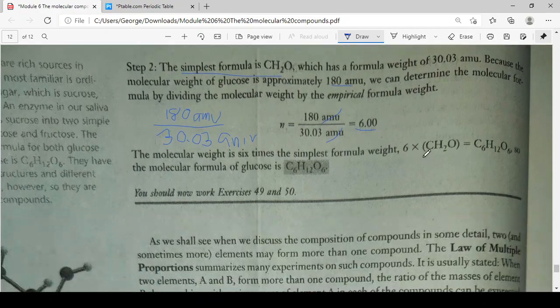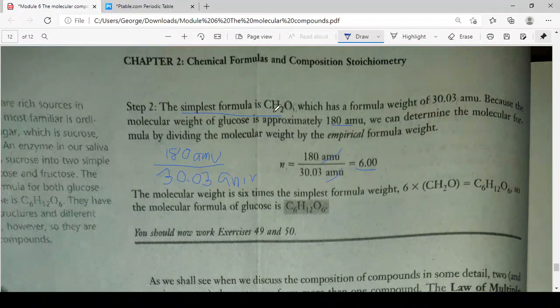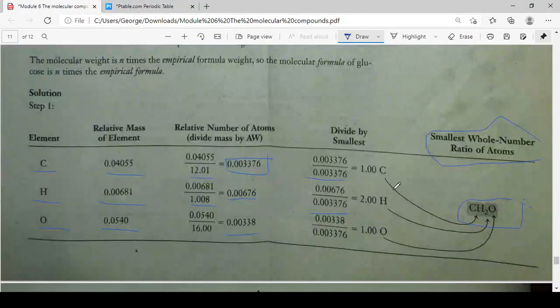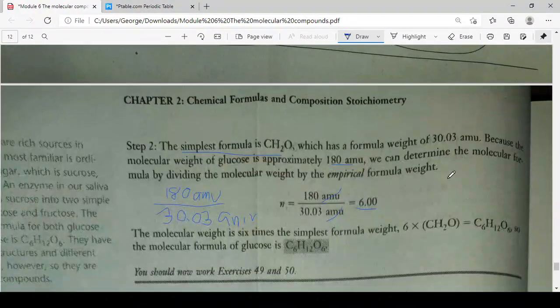So, our simplest formula earlier is CH2O. CH2O is multiplied by 6. So, C, H2, and O. If there is no subscript on the side, it is understood as 1.